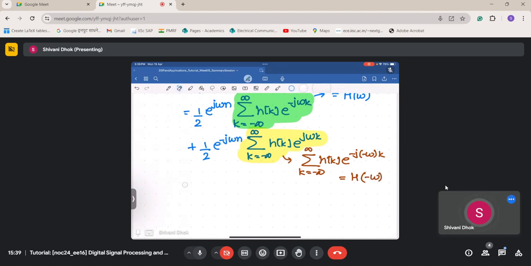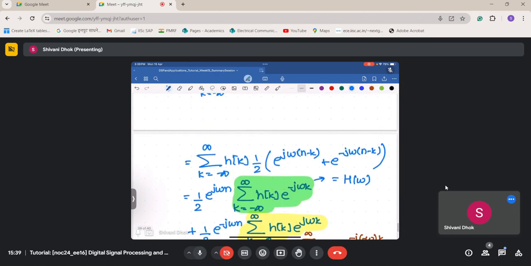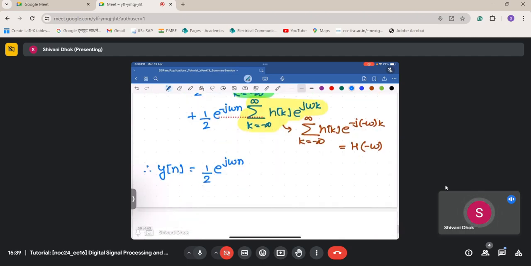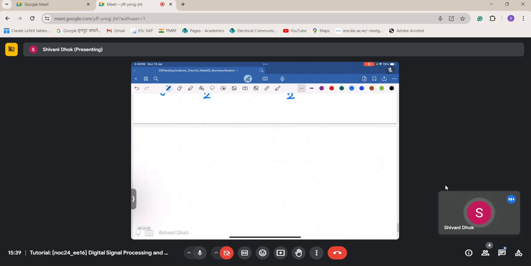Therefore y of n is equal to half of e power j omega n into H of omega plus half of e power minus j omega n H of minus omega. So this is what we have, and this is correct at this point, and now we need to figure out what H of omega is.